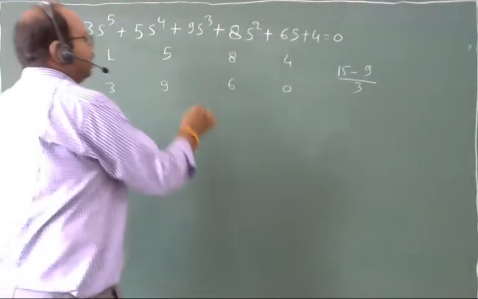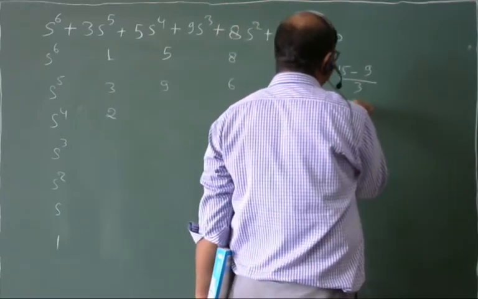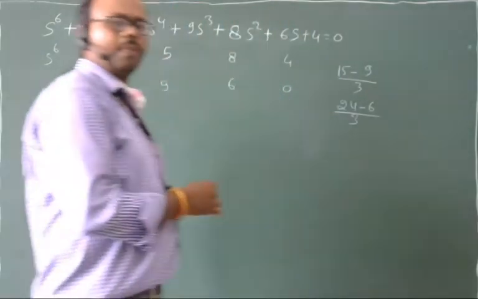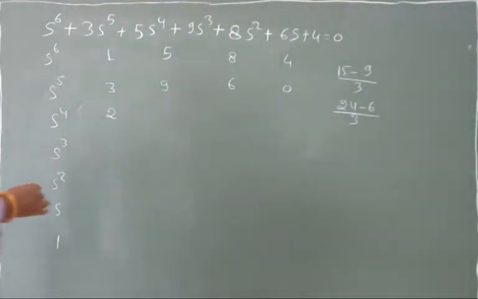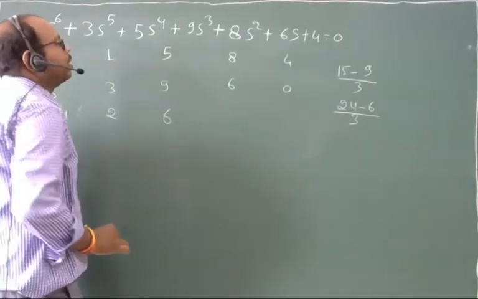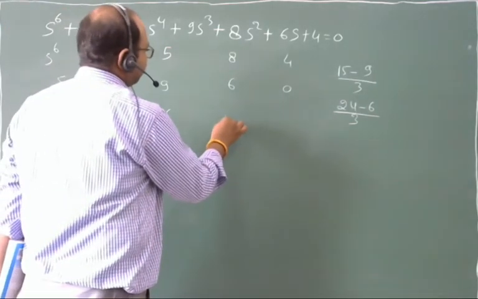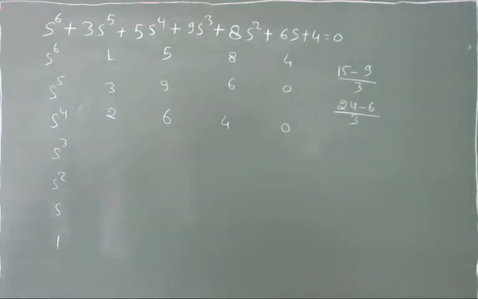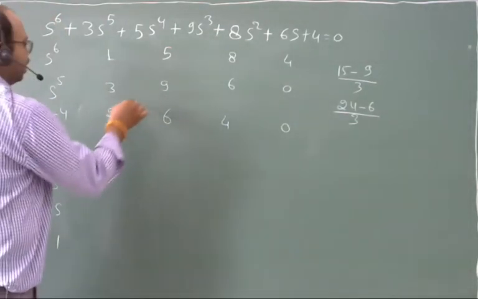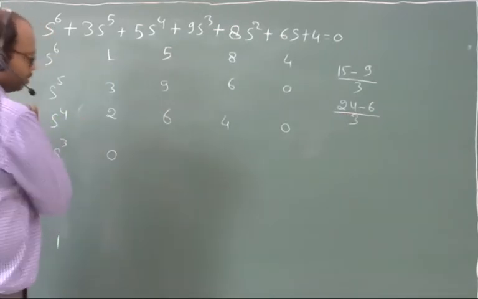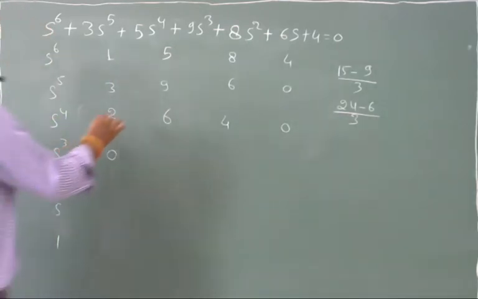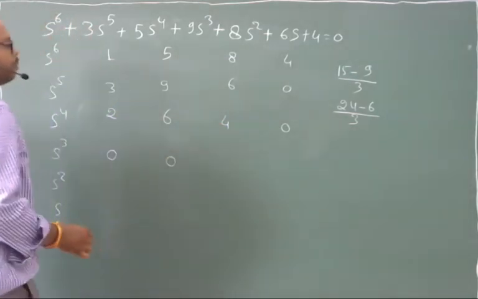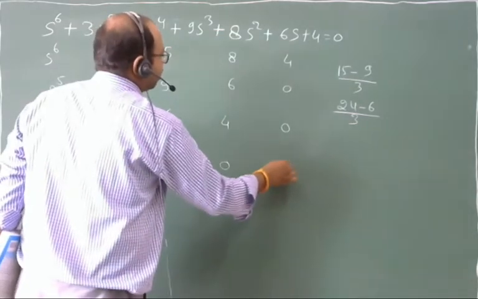Here 8 into 3, 24, minus 6, divided by 3. 18 by 3, 6. And here 4, then 0. Here the value will be 18 minus 18, 0. 6 into 2, 12, minus 4 into 3, 12, 0. And obviously here 0 and 0.